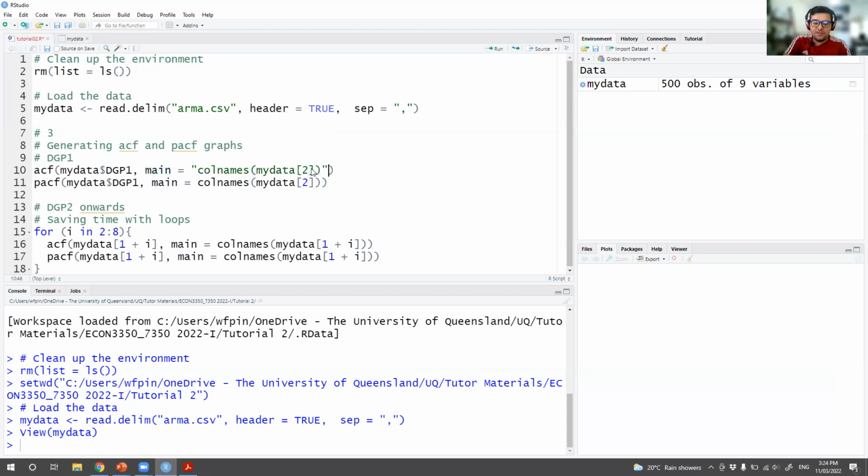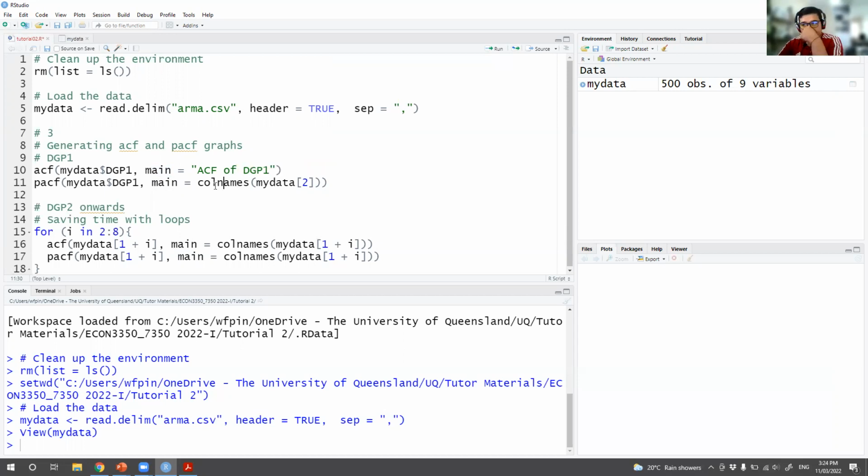You can type stuff here, for example, ACF of data generating process 1.